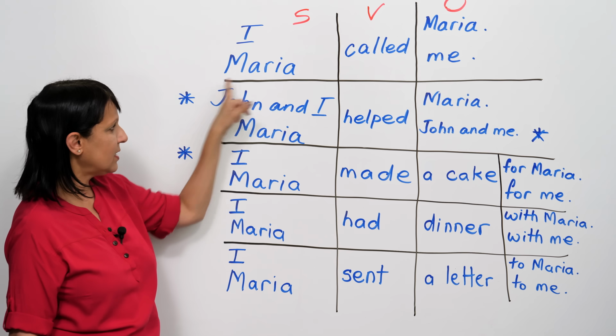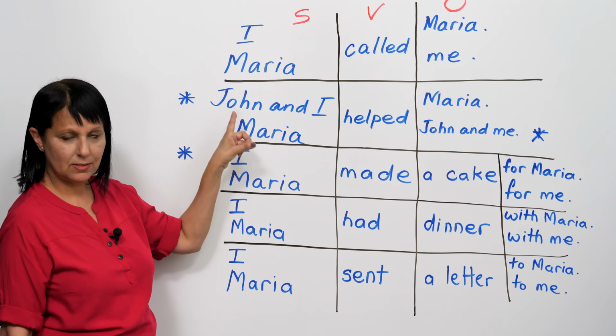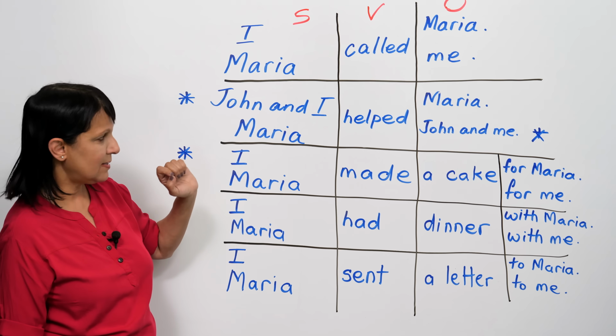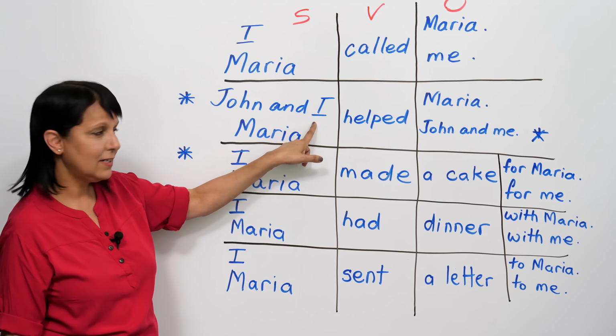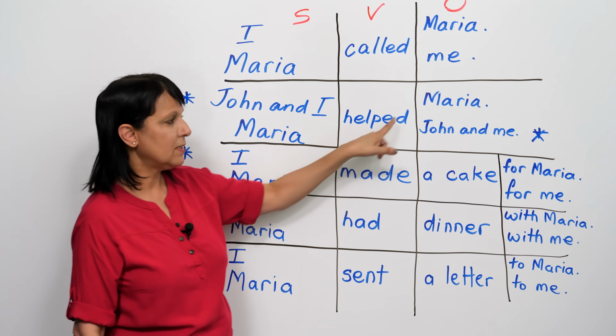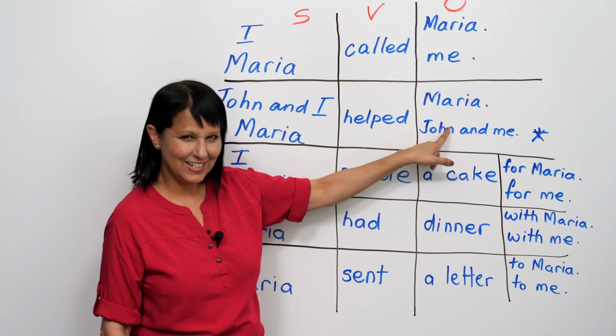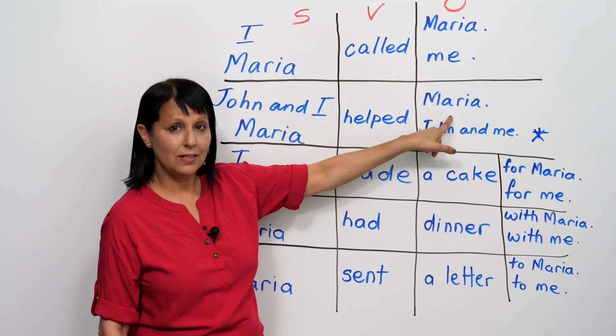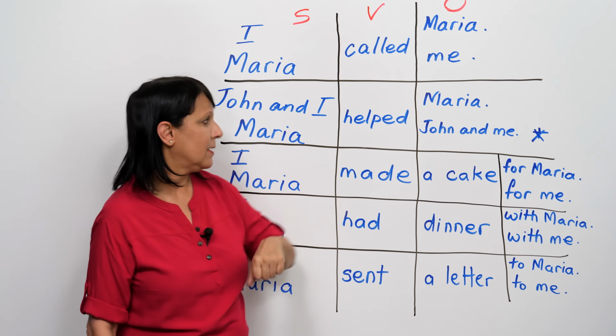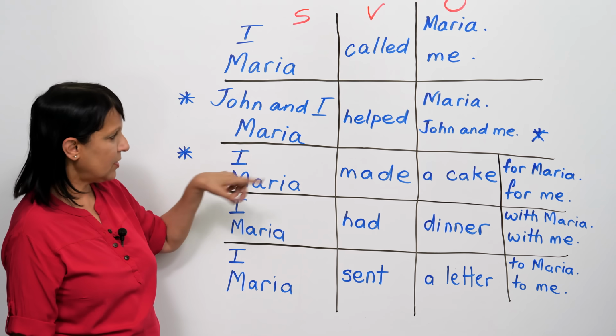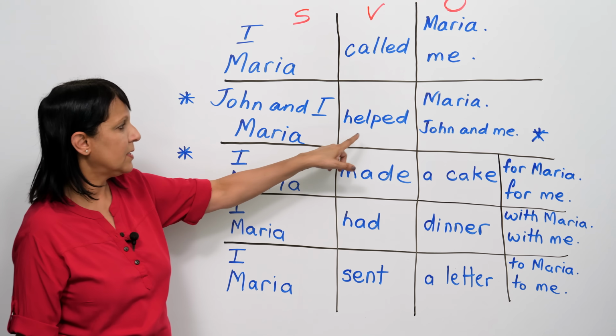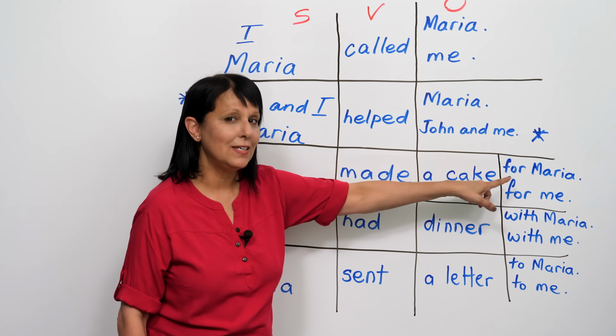Still part of the subject. This is all part of the subject. It's a compound subject. Doesn't matter. We're still saying I. So John and I helped Maria, okay? Maria in this case is the object, okay? And the other kind of sentence, Maria helped John and me.